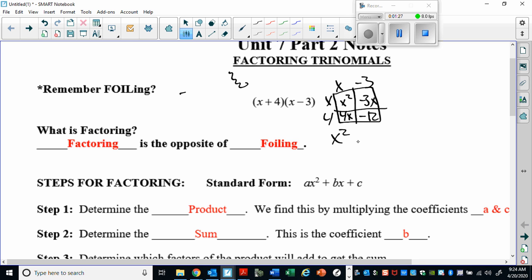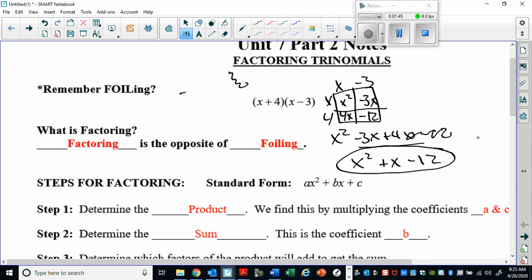So you have x squared minus 3x plus 4x minus 12. Then you're going to combine the like terms. So we have x squared plus x minus 12. Sorry about that. I'm still getting this new technology down. So there, that would be your answer.